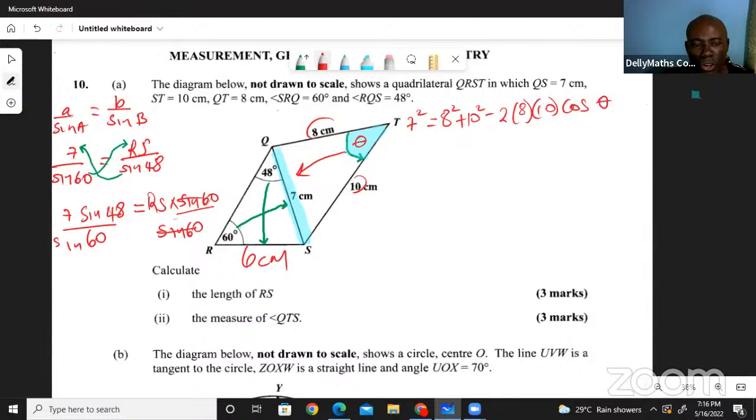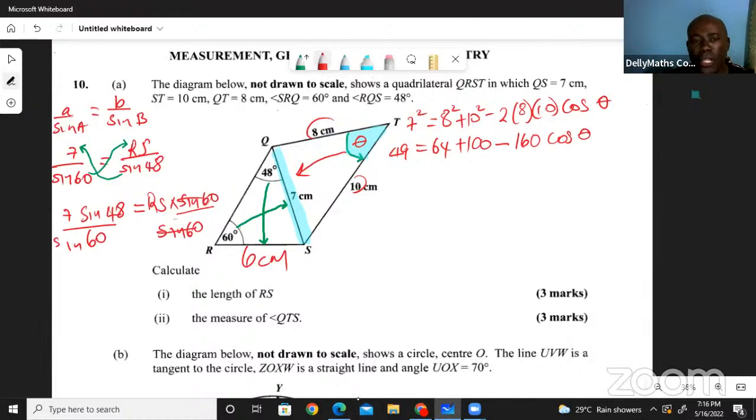So now 7 sevens is 49, 8 eights is 64, 10 tens is 100, and then all of this is going to give us about 160. So I'm going to say 160 cos of this angle. Make sure that the numbers are really good there.